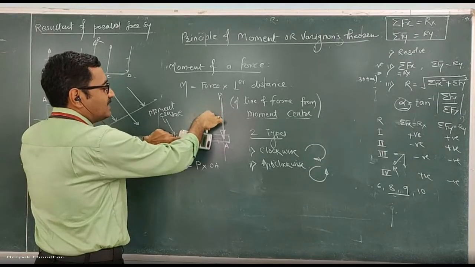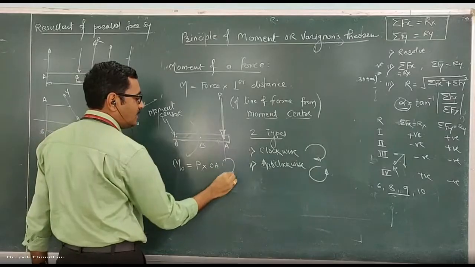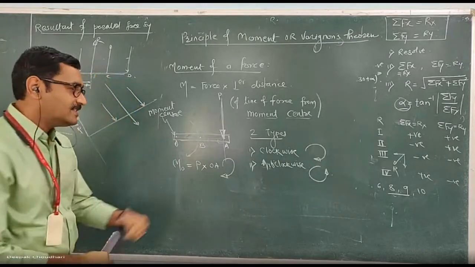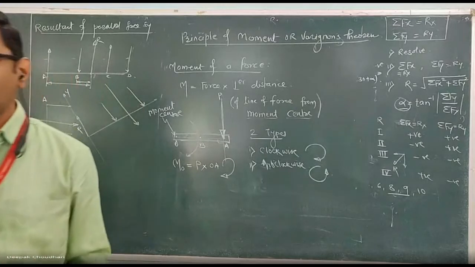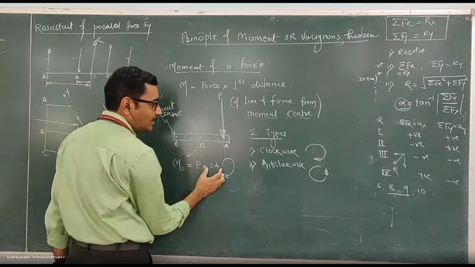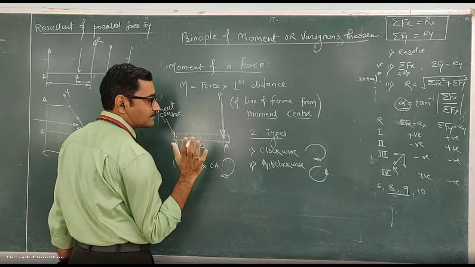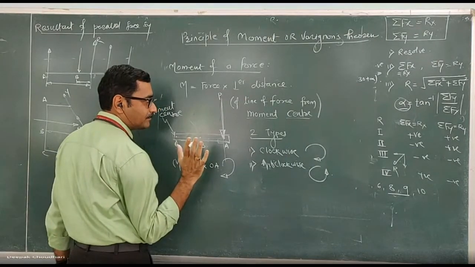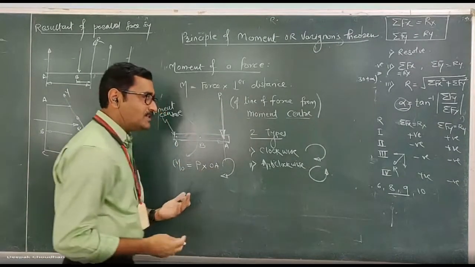So this force tends to rotate the body in clockwise direction. So the moment of this force about point O is clockwise. This is the magnitude, this is the sense of rotation. So the moment of a force is a product of the force and the perpendicular distance, along with the sense of rotation.